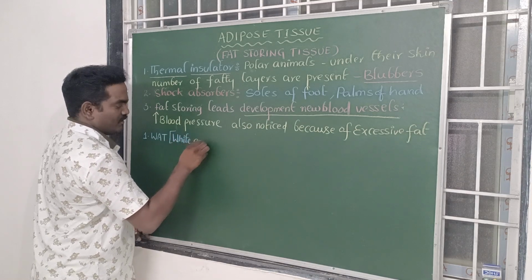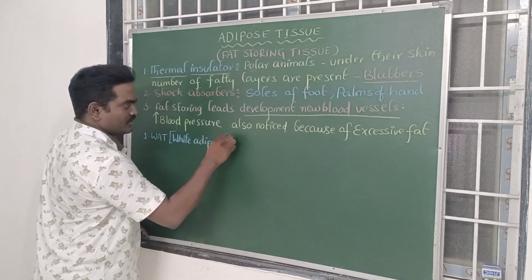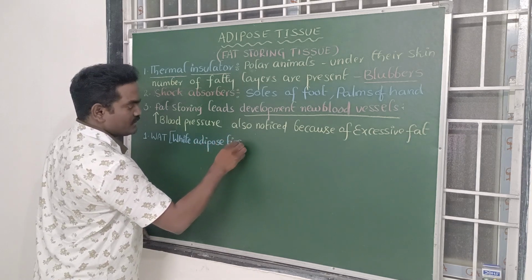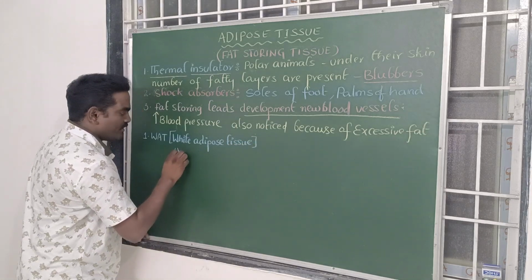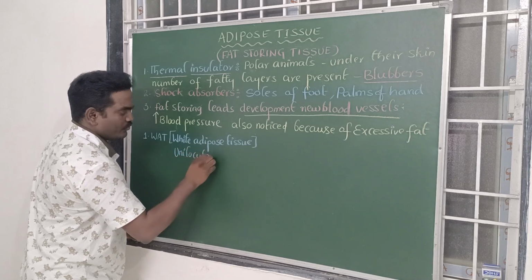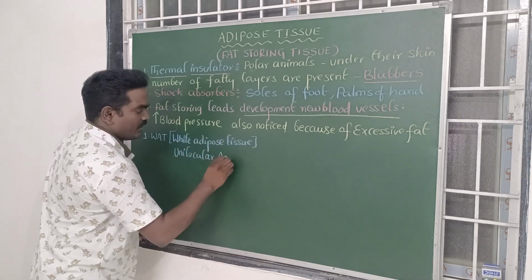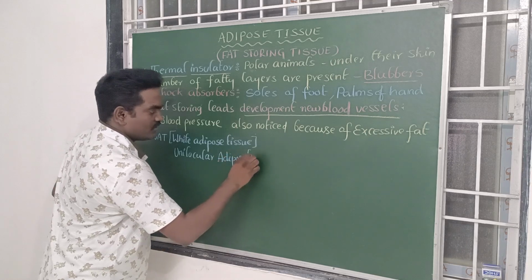White adipose tissue is also called unilocular adipose tissue.